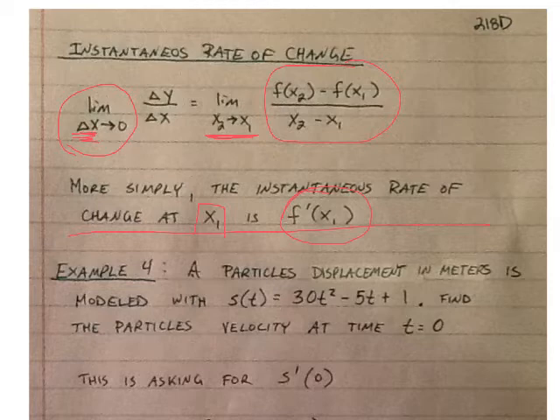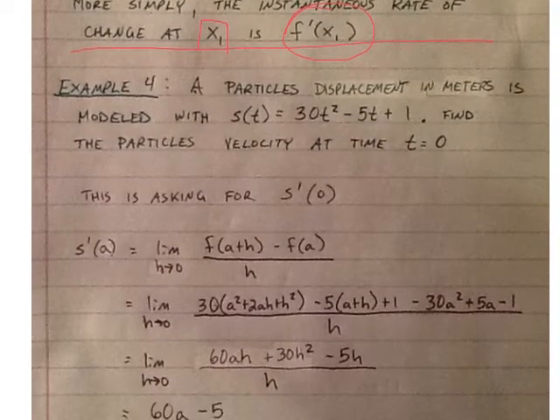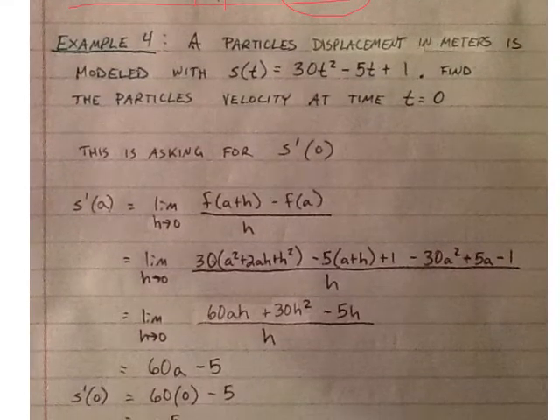In the problem below, I'm going to use our limit as h goes to 0 definition. So a particle's displacement in meters is modeled with s of t. Find the particle's velocity at time t equals 0.